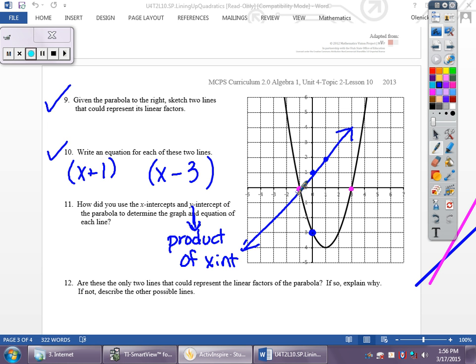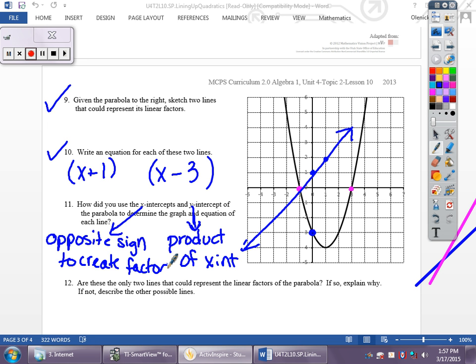So negative 1 times 3 is negative 3. And then to find the factors from the x-intercepts, I use the opposite sign.